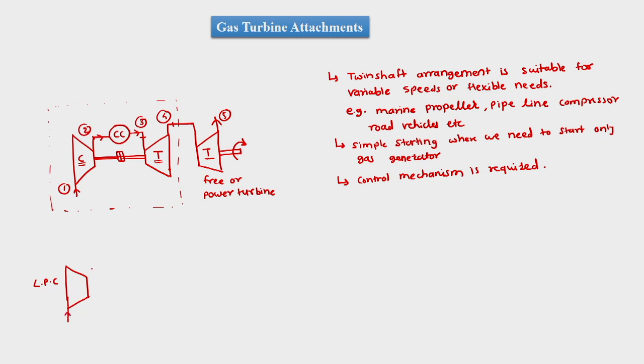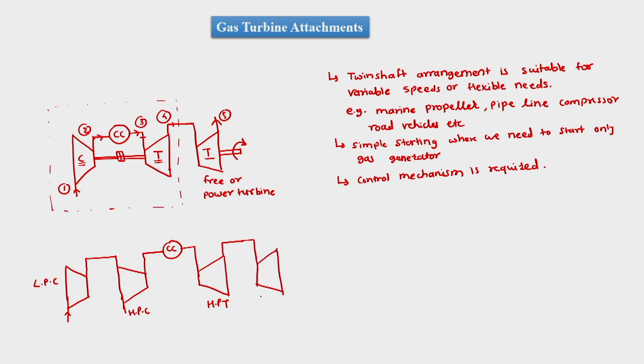This is the low pressure compressor. From the low pressure compressor, air goes to a high pressure compressor, and then from the high pressure compressor it will go to the combustion chamber, and from the combustion chamber it will go to the turbine, which is the high pressure turbine, and from there air will go to the low pressure turbine, and then it will get exhausted.